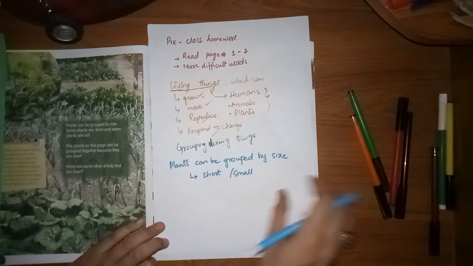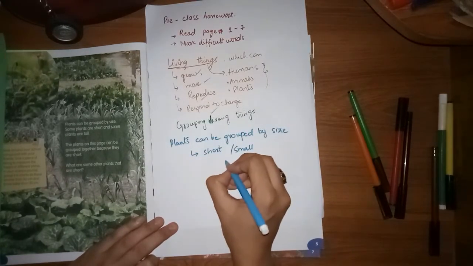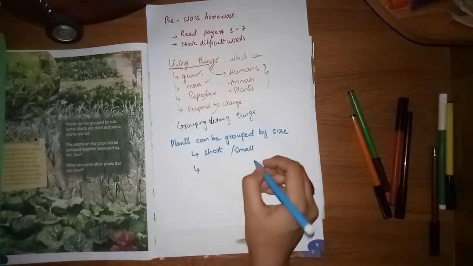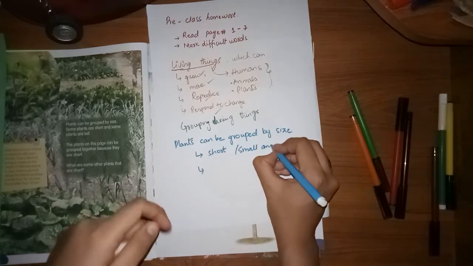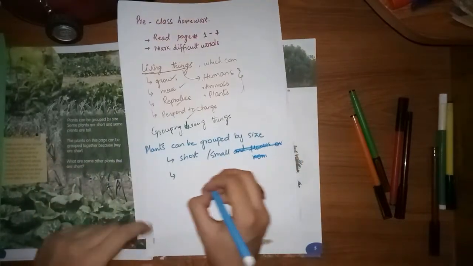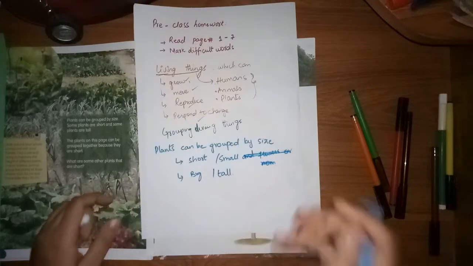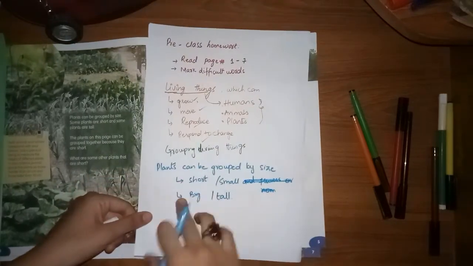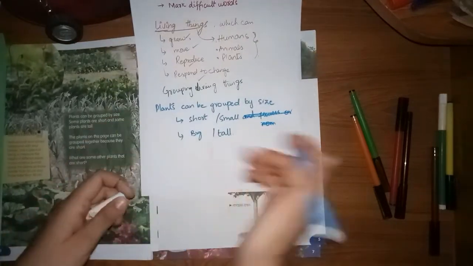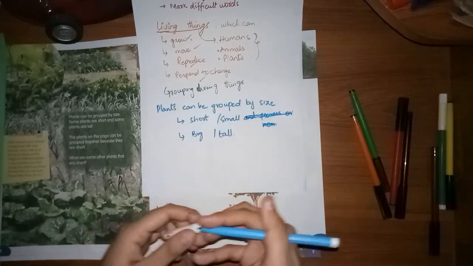You can either say short, you can either say small, right? Or whether they are big or tall. Alright, so these are the two main things on which we can group a plant.